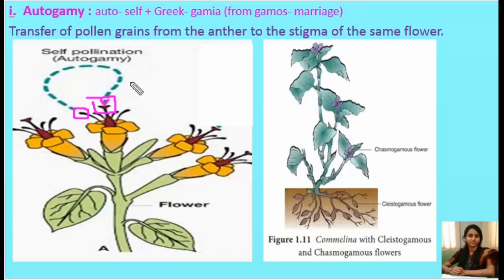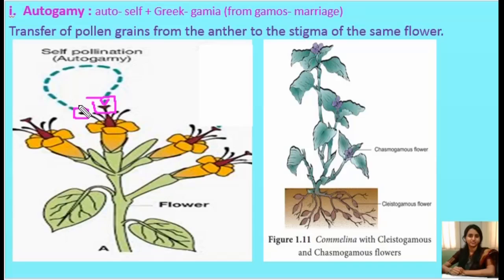Remember one thing, complete autogamy is a very rare condition because, as the stamens and stigma are exposed, there are chances that some percentage of cross-pollination, or pollen grains from another flower of the same species or from a different species, can occur. It may occur. Therefore, 100% autogamy is a rare condition in nature.